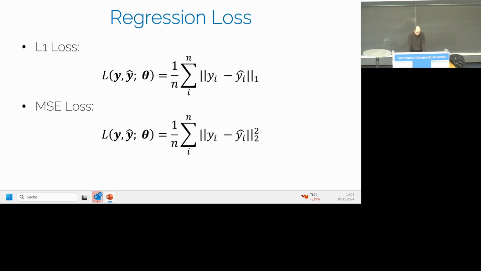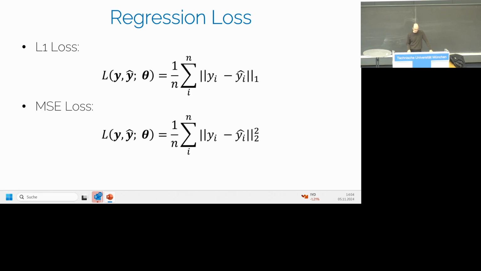Two of the most popular loss functions are these here. One is called the L1 loss and one is called the L2 loss, or the mean square error loss, MSE loss. We've seen them before. Here they are again. You have the prediction y hat i, and you have y i for a set of samples i equals 1 through n, and then you can either sum up the norm difference or sum up the squared norm difference, the L2 difference.